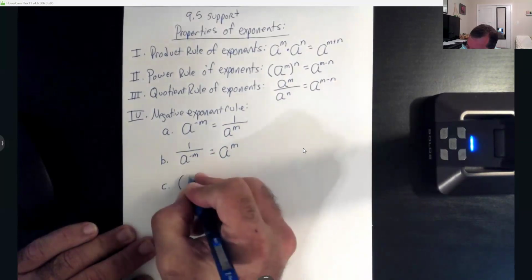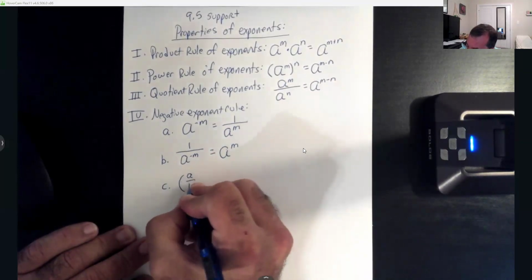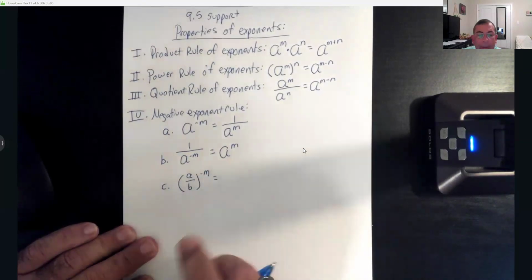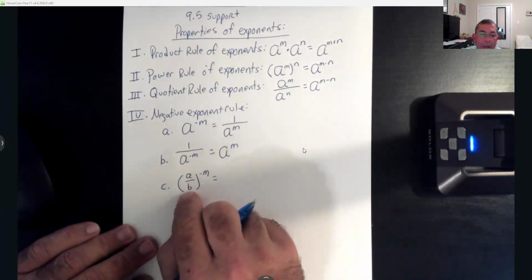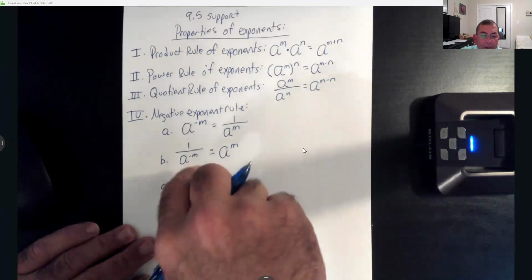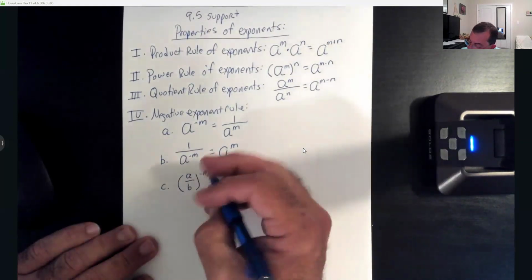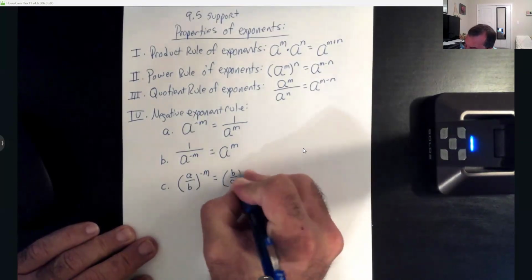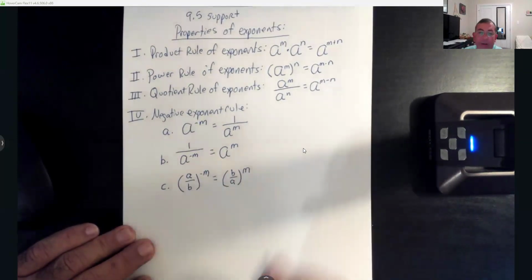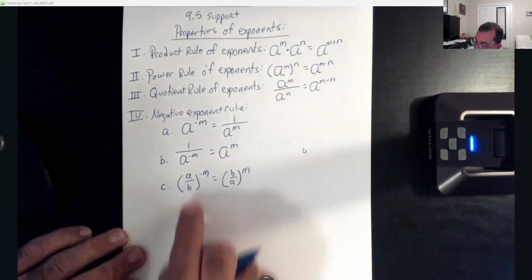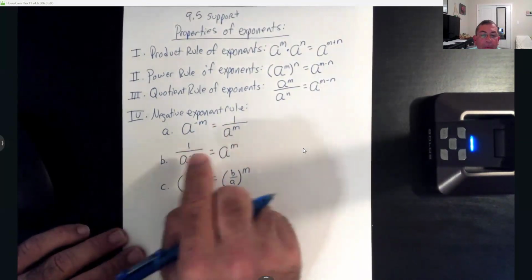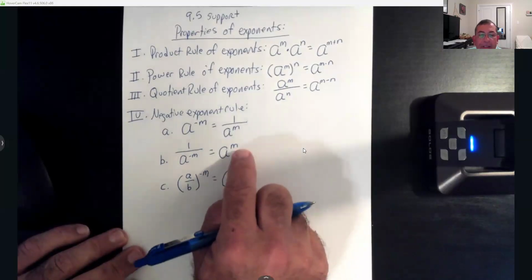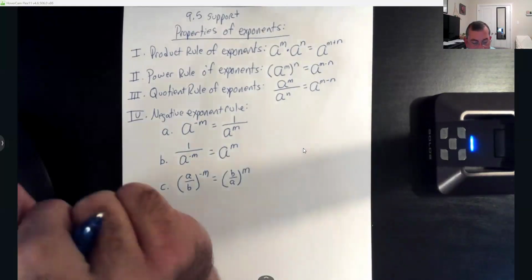And then the last one looks like a fraction, a over b raised to a negative m. Well, y'all, the same thing I've been doing. To make this exponent positive, we would flip the fraction and get b over a to the positive m. So moving exponents down or up, or flipping fractions changes these exponents to a positive sign, okay?